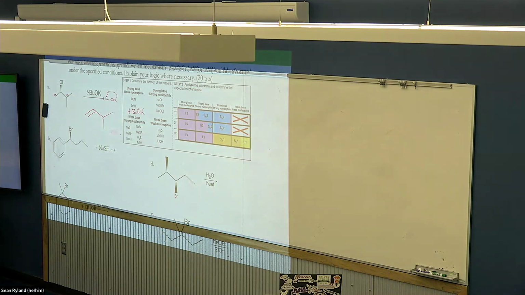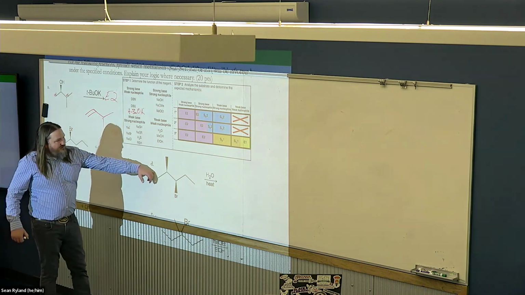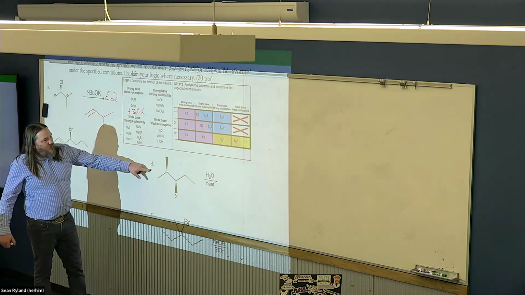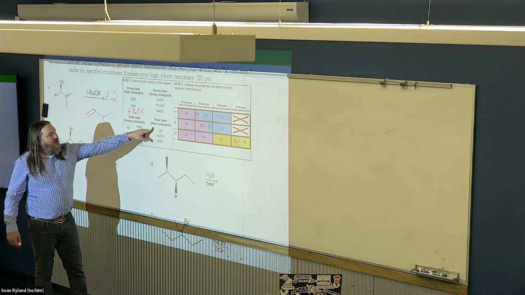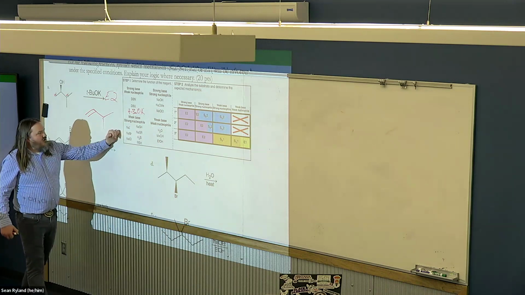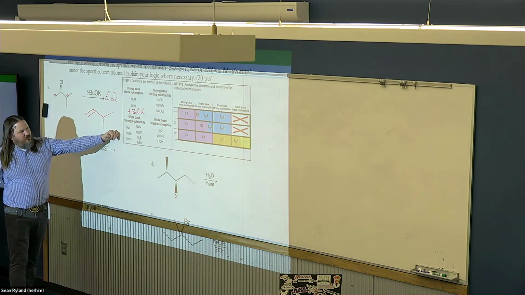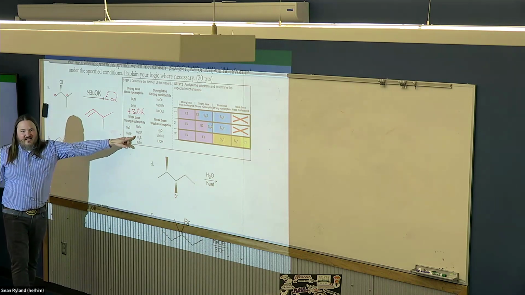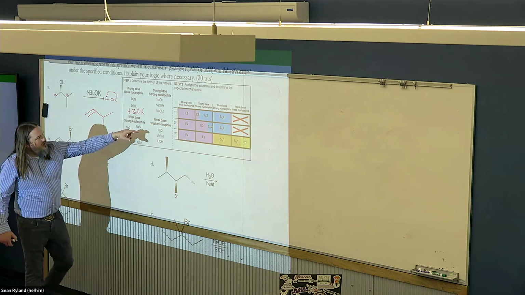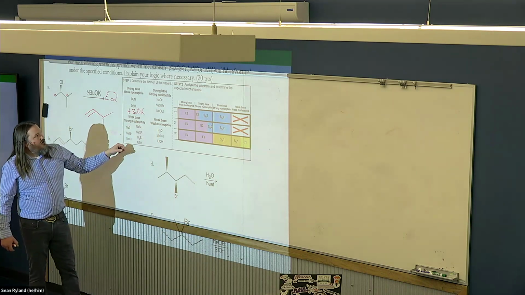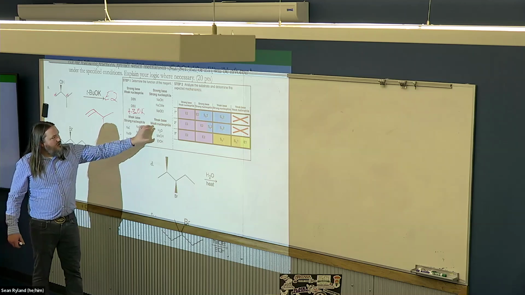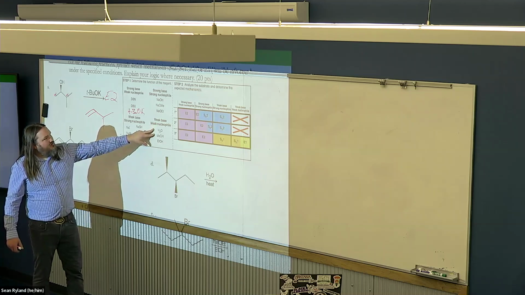All right, let's do D before I zoom in and move down. Water. Weak base, weak nucleophile, right? All of our strong nucleophiles pretty much all have a charge with the exception of dihydrogen sulfide. So the protonated forms of some of our strong nucleophiles are gonna be weak nucleophiles.